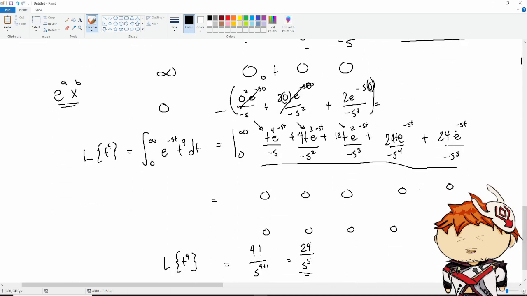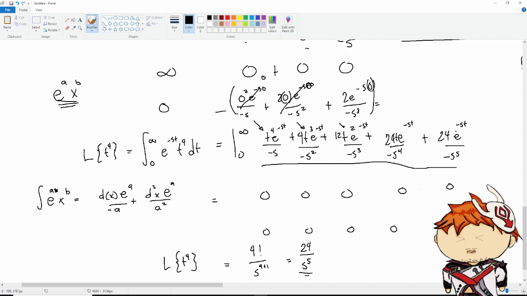Whenever there's e to the ax and x to the b, the pattern is that the integral of e to the ax times x to the b dx becomes the sum of terms: e to the ax over a, then the derivative terms with e to the ax over a squared, and so on.